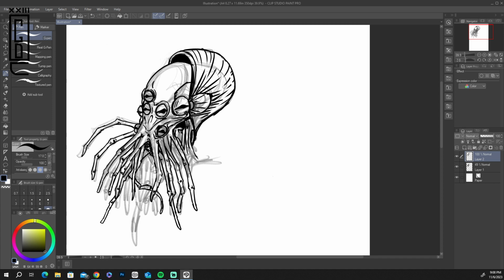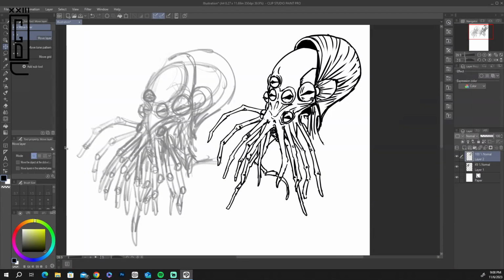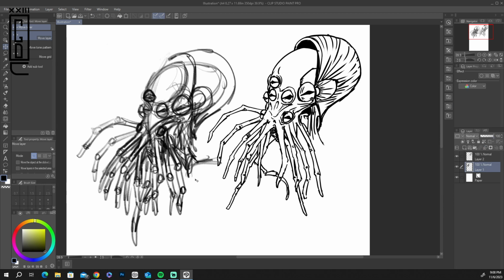Okay, so this is the first part of the Cthulhian. So let me put this guy here aside. And let's continue with this guy here.